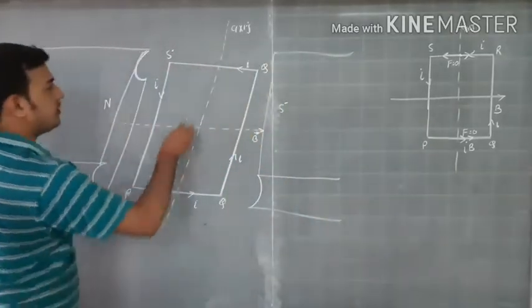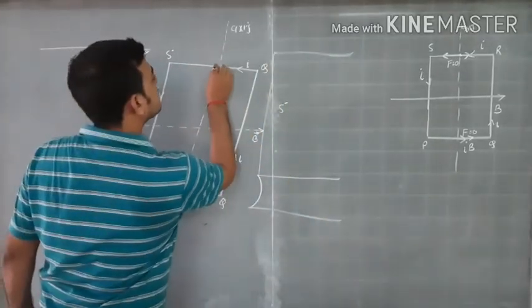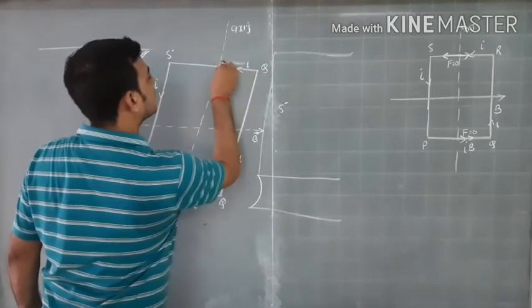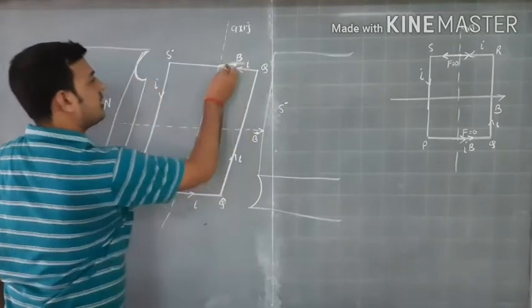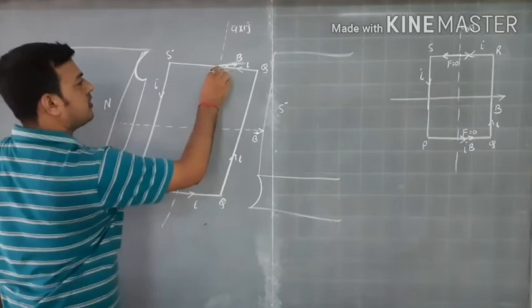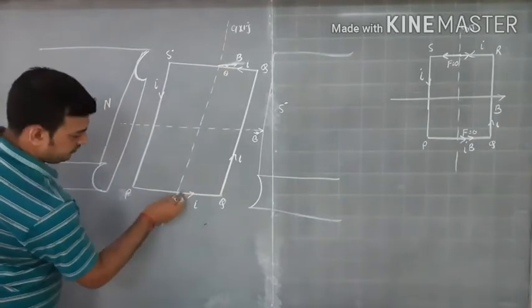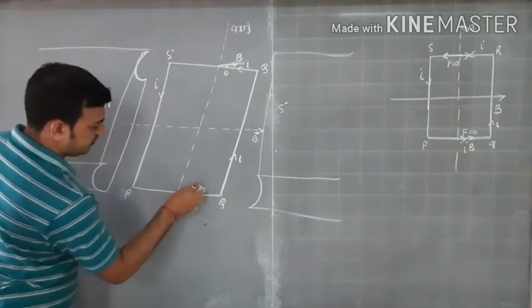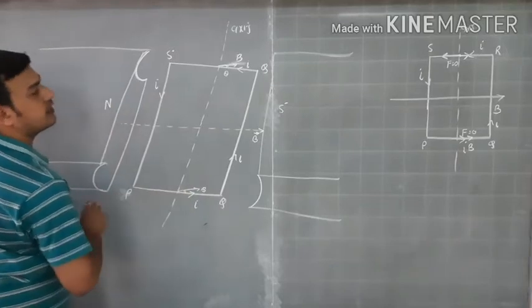But here, if you can see, this is the direction of magnetic field, and that is making some angle with the arm. Here this is the direction of magnetic field and this is the current, so there is some angle here.